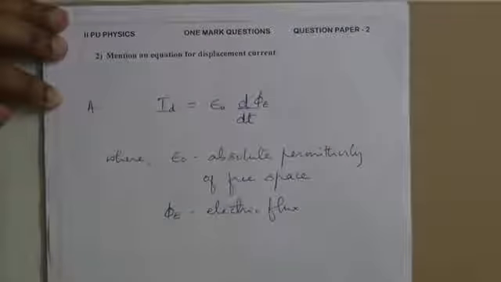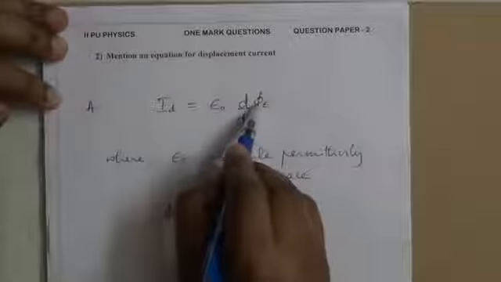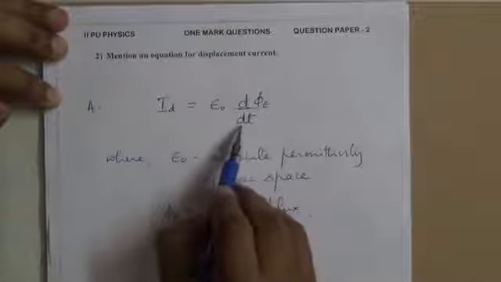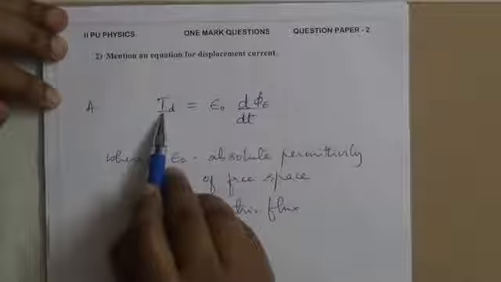Make sure that this is phi e. So the time rate of change of electric flux is responsible for displacement current.